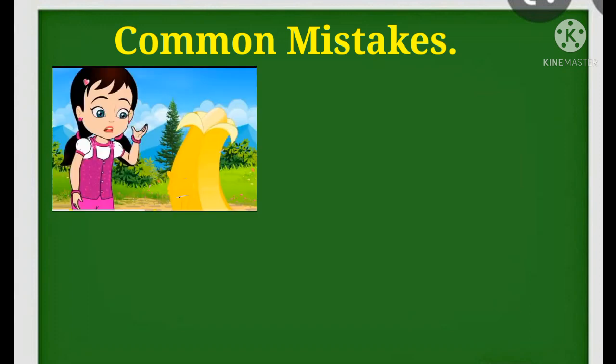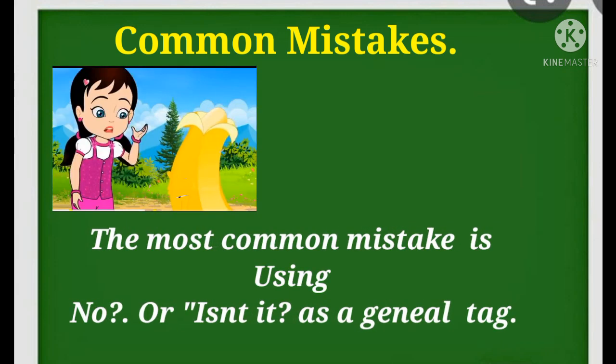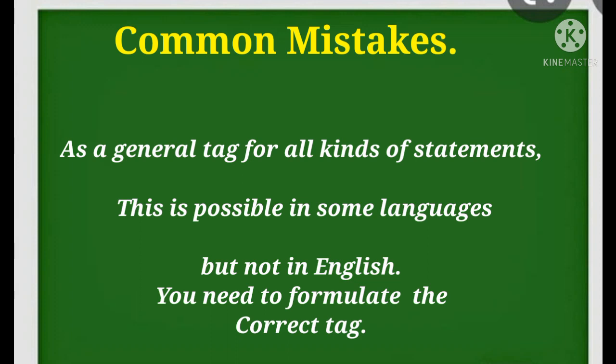Right then, let's have a look at common mistakes. The most common mistake is using a simple no or isn't it as a general tag for all kinds of statements. This is possible in some languages, but not in English. You need to formulate the correct tag.